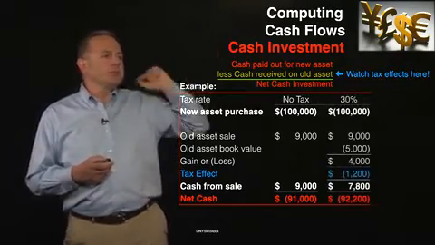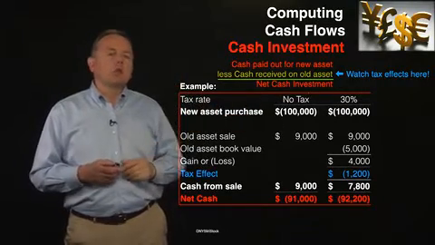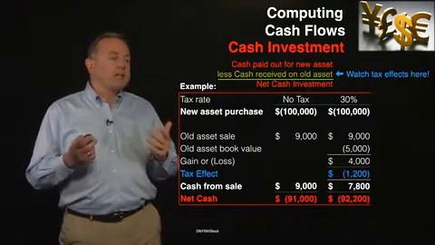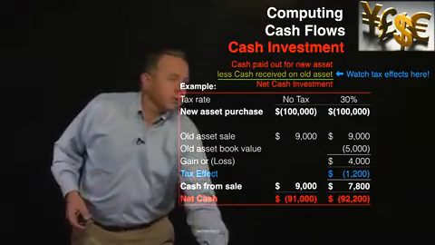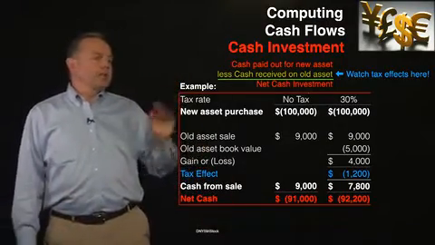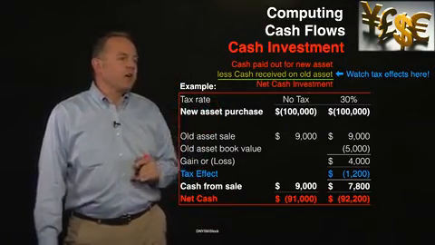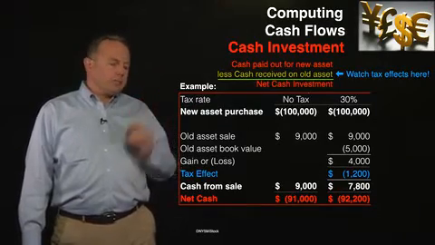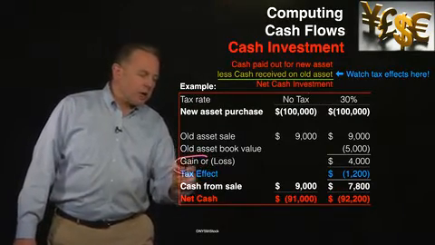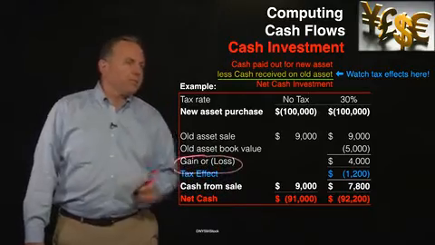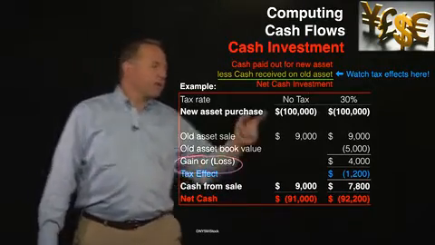So we've got the 30% happening. Doesn't change how much I'm paying for the new asset. But check out what's happening with this old asset. I've sold it for $9,000, right? But I need to pay attention to that gain or loss that could be going on there. That I've got to watch. Now check it out.